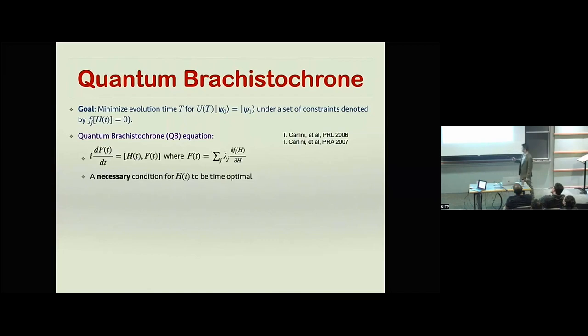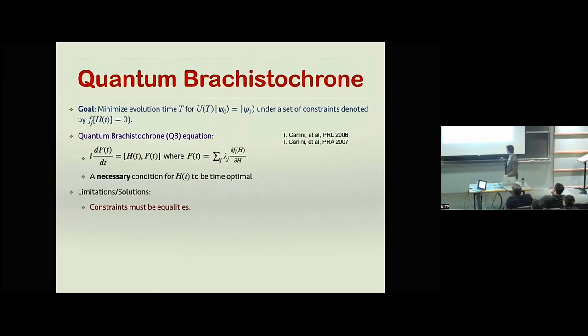This is similar to constrained minimization in calculus, but done in a more clever way. You introduce this new function f that is like a Lagrange multiplier based on your constraint. This equation has to be satisfied for the Hamiltonian to be time optimal. If you can solve this equation, you end up with a smaller subset of Hamiltonians that could be optimal, that could actually minimize the evolution time.